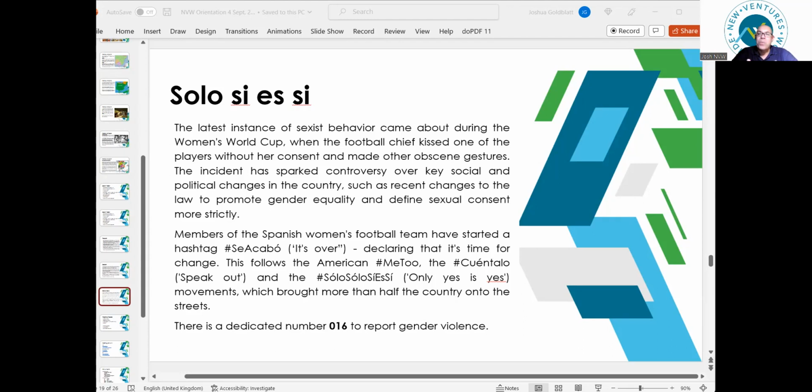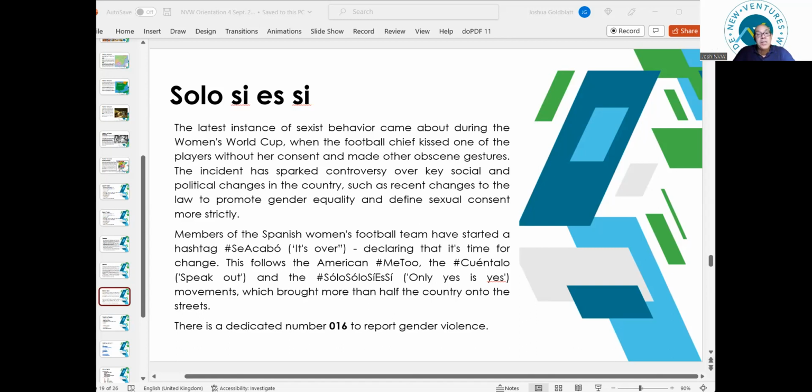Okay, so a few years ago, there was a case of a sexual aggression at a very famous festival in Spain, and the boys who were involved said, oh yes, but look, the girl was wearing a very short skirt, and she was being very friendly, and we thought that she was provoking us.